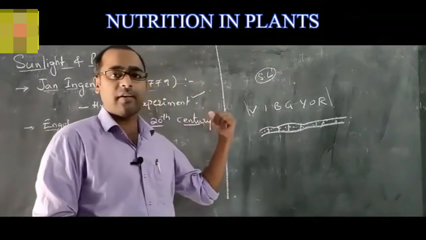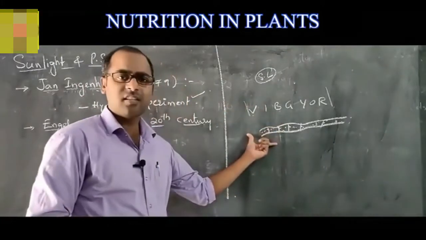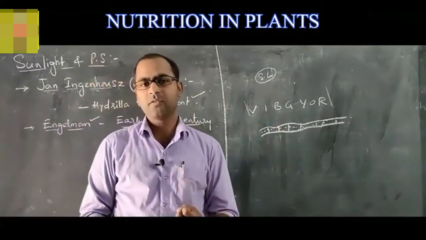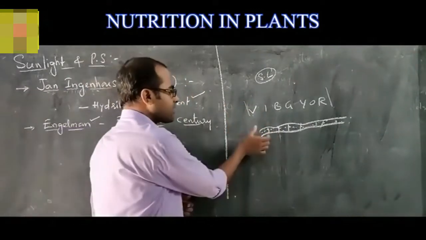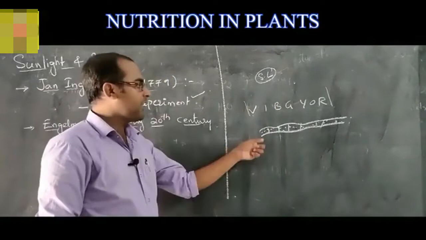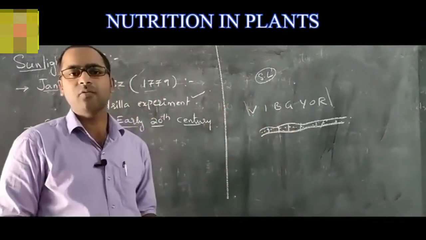That is why he has taken an algal strand. Algae is a photosynthetic organism, it performs photosynthesis. So he exposed this algal strand to the 7 colors of the white light.